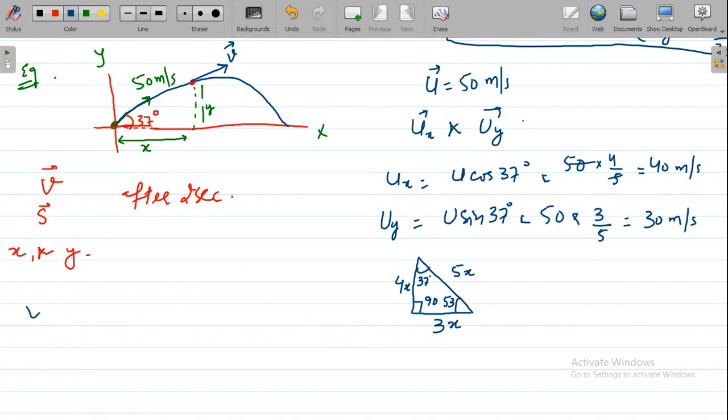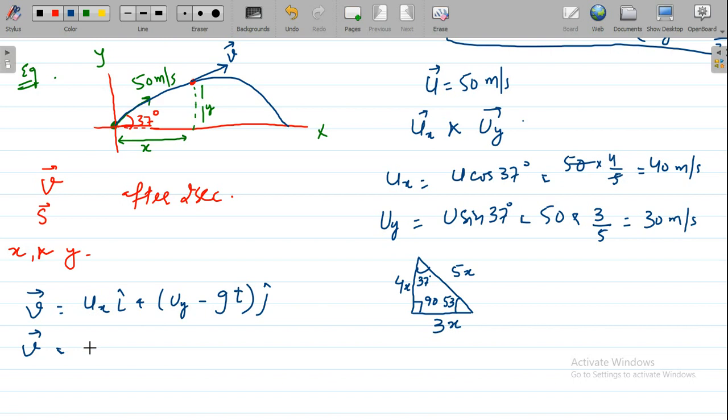So we can find v after time 2 seconds: ux i cap plus, from the formula, uy minus gt j cap.